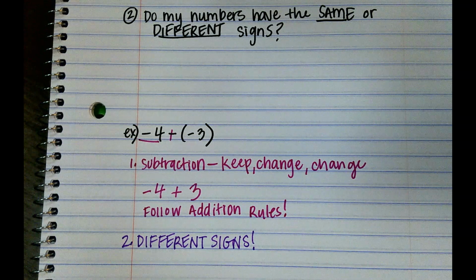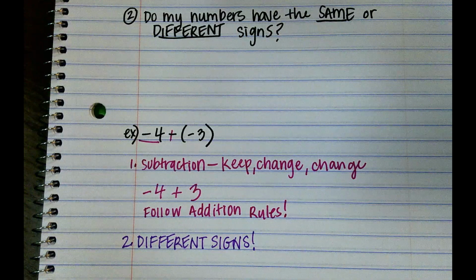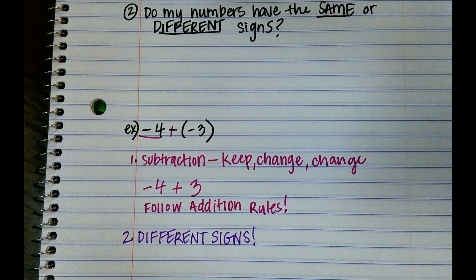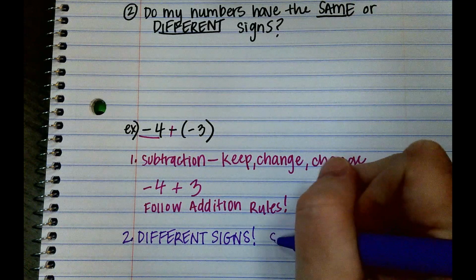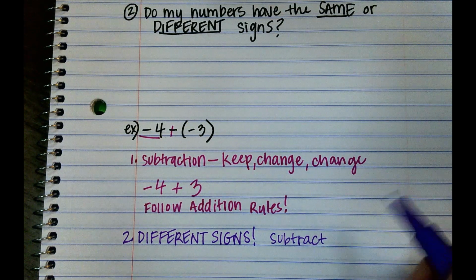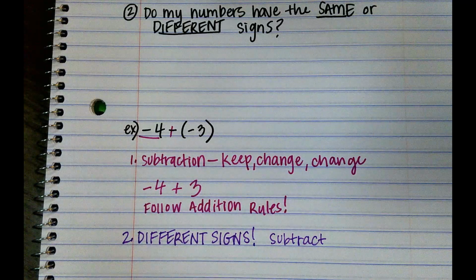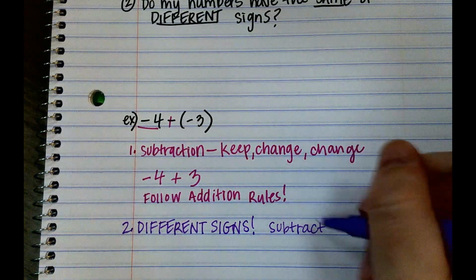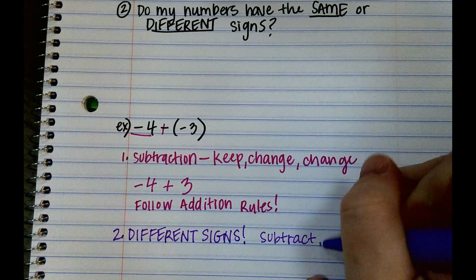And in our addition rules, when we have different signs, someone remind me, what do we do? When we are using addition with different signs, what do we do? Subtract. And my answer has the sign of which number, the bigger or the smaller? The bigger. Subtract.